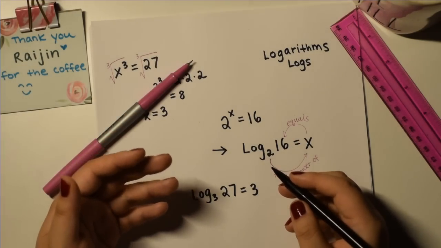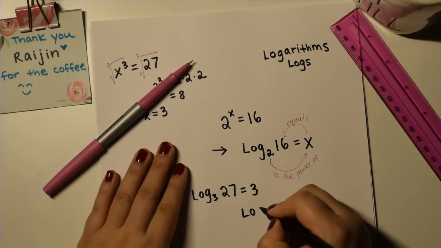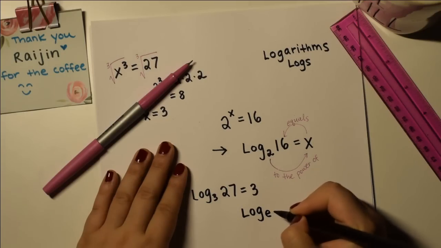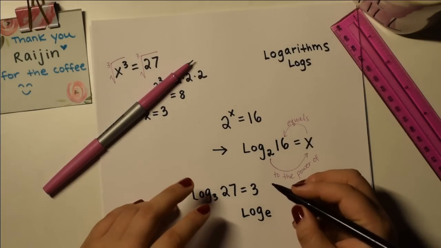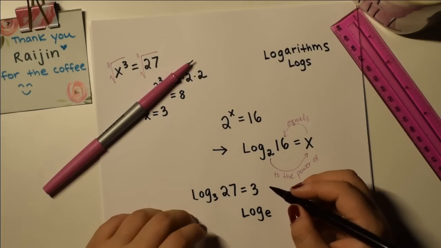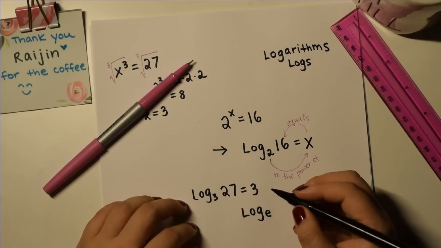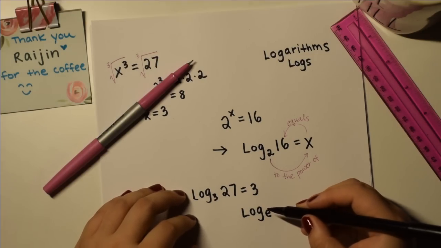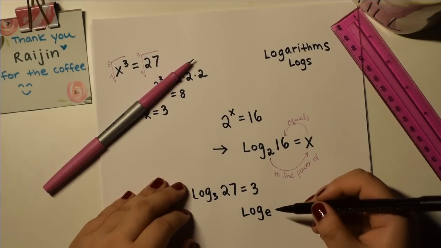Log base pi, and there is a special case of log base e, that beautiful, beautiful Euler's number, 2.718 or something like that, dot, dot, dot. It is like pi, it's our constant, and it goes on and on.